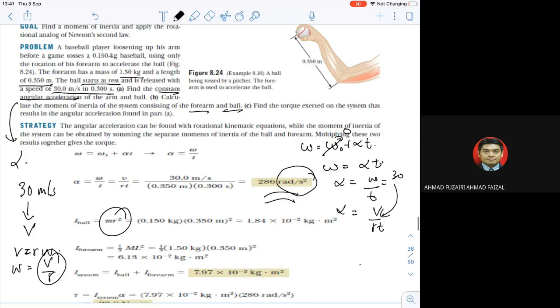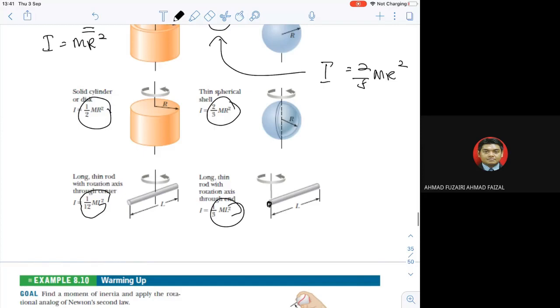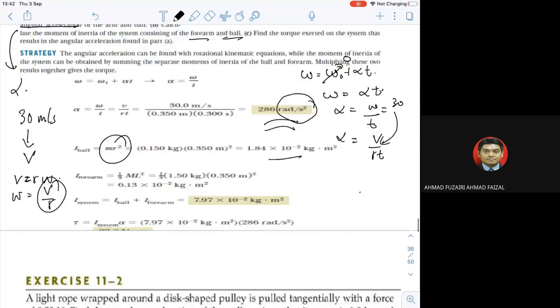So we get this value. For the forearm, usually where do we rotate it? At the end. So it will be 1/3 ml squared. So get those values, and the system will be the sum of the moment of inertia of the ball together with your forearm, and then you get I.